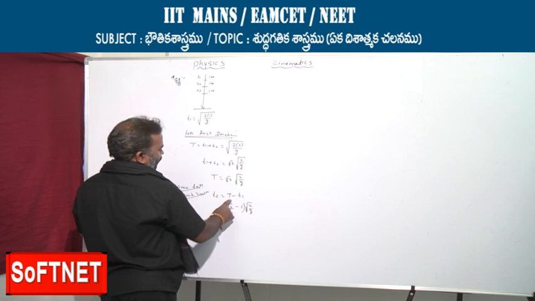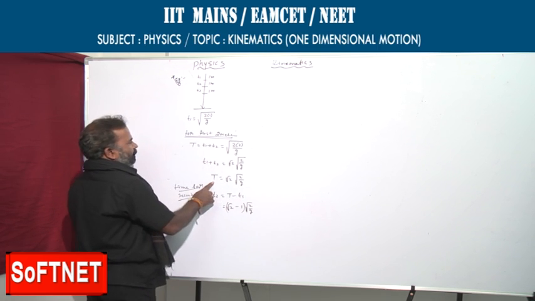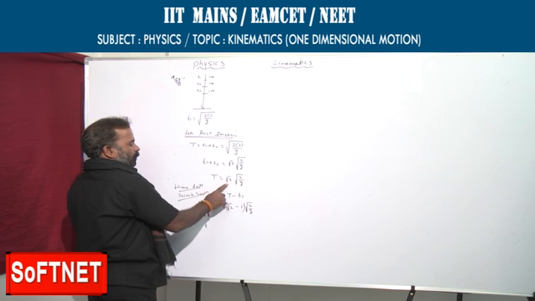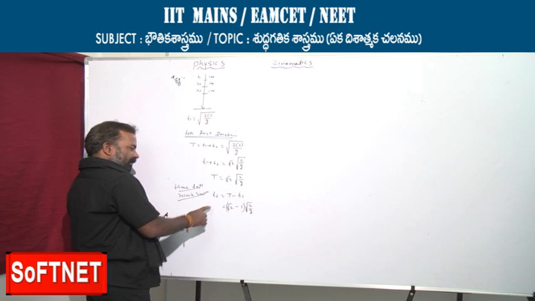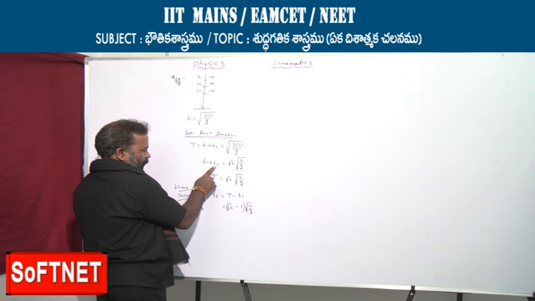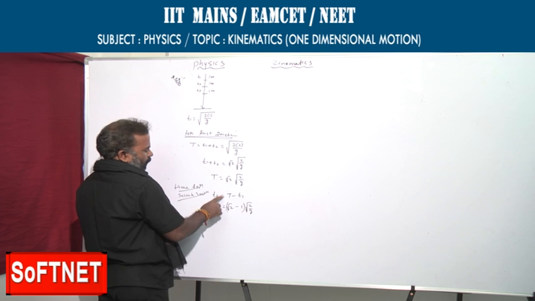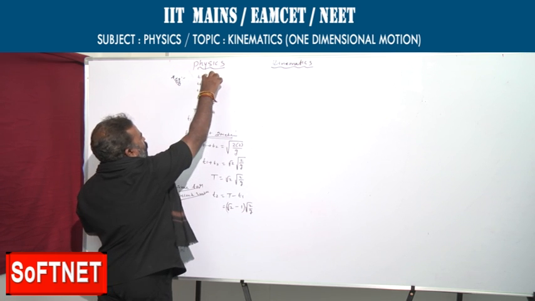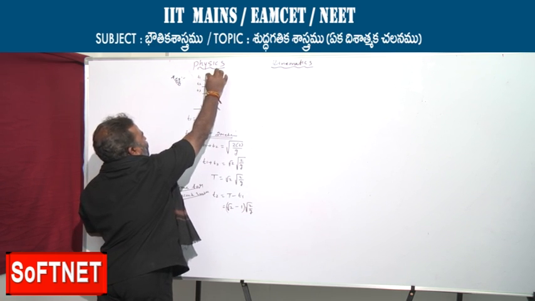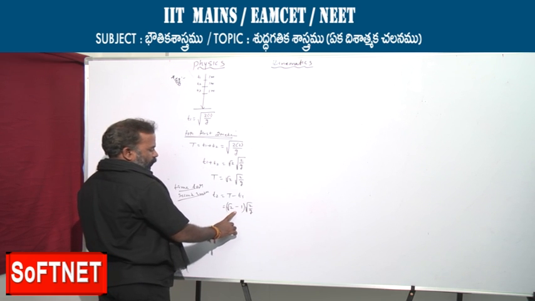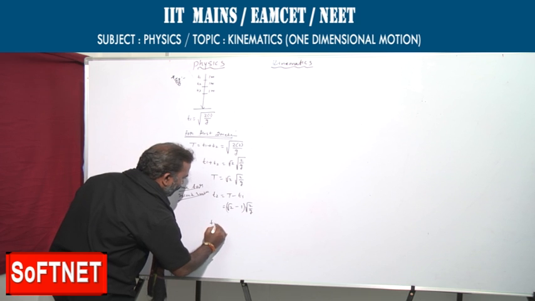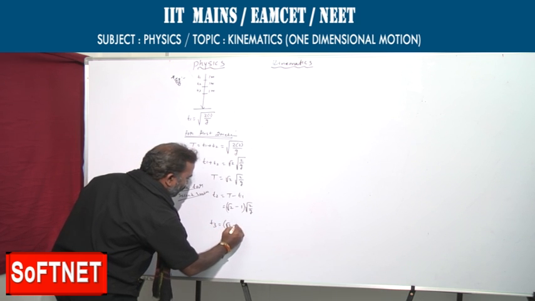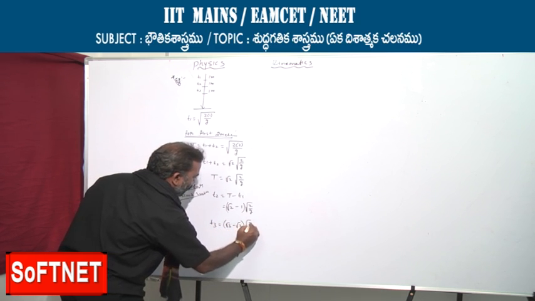t2 is equal to capital T minus T1. What is capital T? For first 2 meters total time is root 2 into root of 2 by g. Time for second 1 meter is total time for first 2 meters minus time for first 1 meter, so root 2 minus 1 into root of 2 by g. Similarly for third 1 meter you will get root of 3 minus root 2 into root of 2 by g.